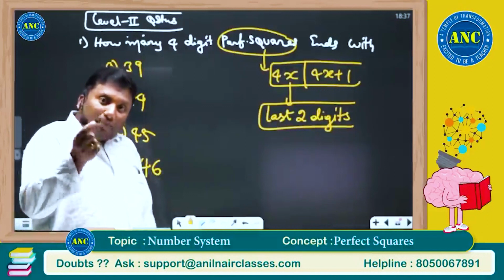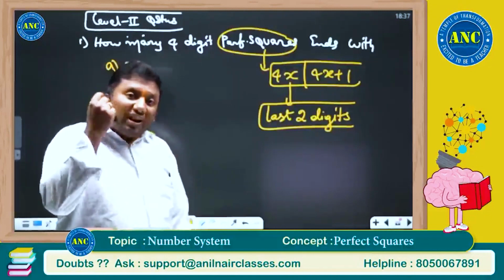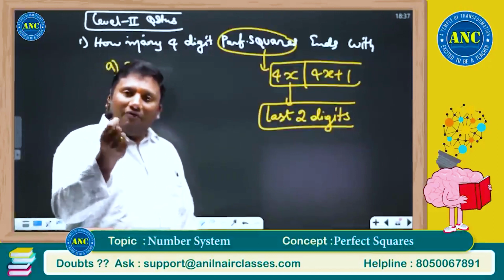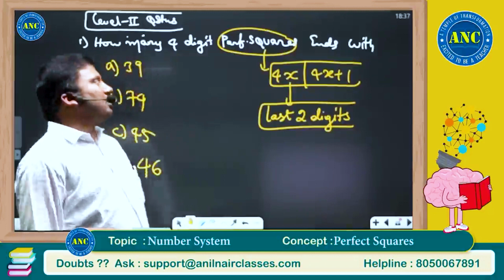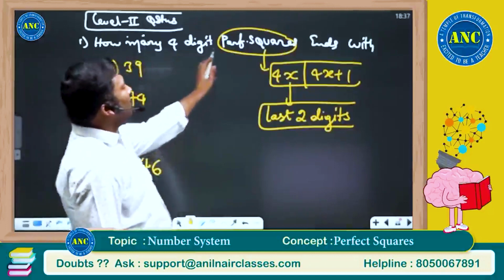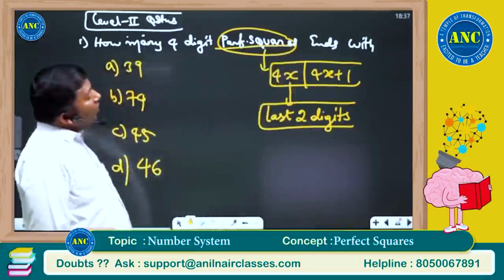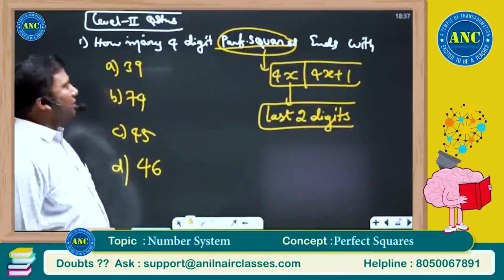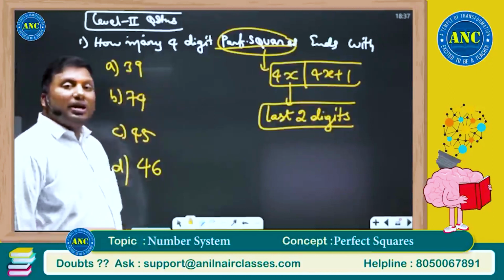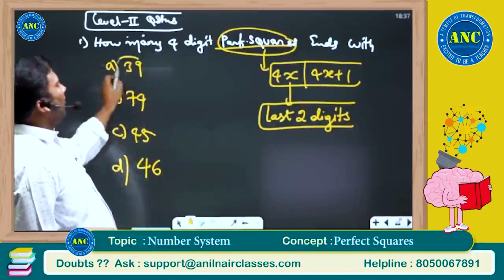Each and every important key point which I am mentioning on the board is of extreme value. Very difficult questions you can simplify if you are good in these concepts, because the keyword in this question is a perfect square. A perfect square always will be of the form 4 into x or 4 into x plus 1.